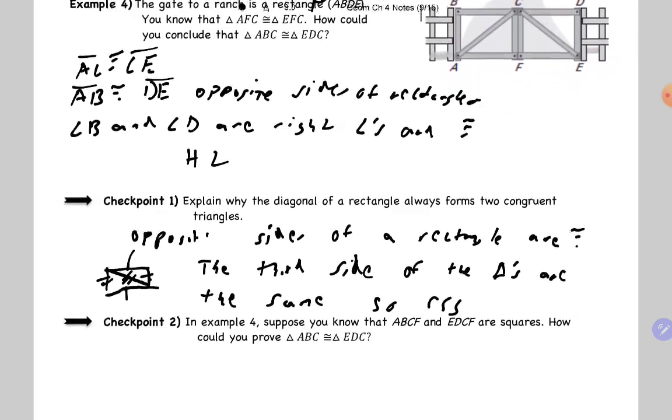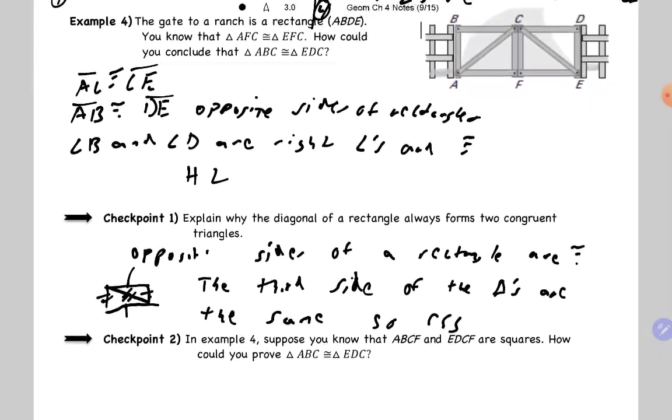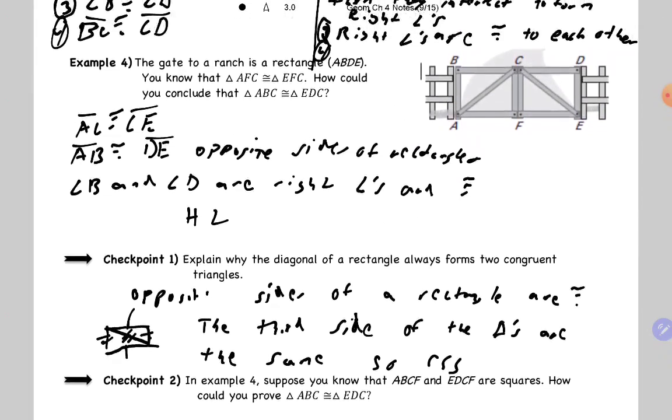So let's assume that A, B, C, F, okay, these are squares. Those are squares. So that means these are all the same.